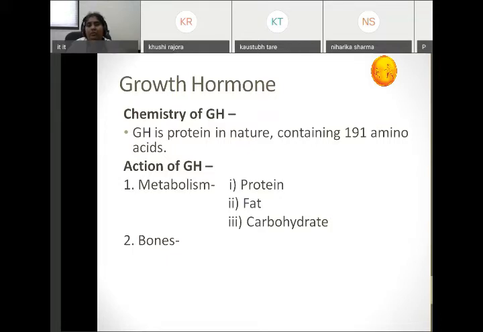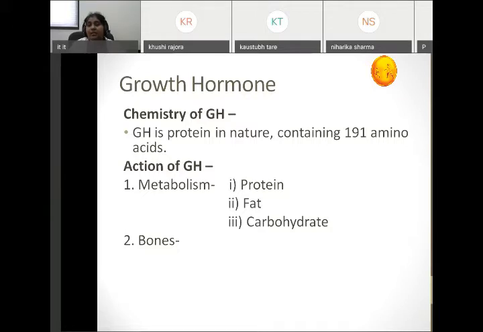Now, transport of the hormone. 50% of the hormone is transported attached to plasma protein, called growth hormone binding protein. And 50% of the hormone is free. The hormone attached to the plasma protein is loosely attached because whenever it is required, it can be released easily.